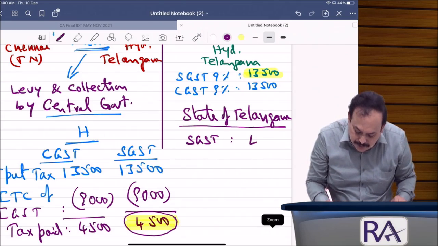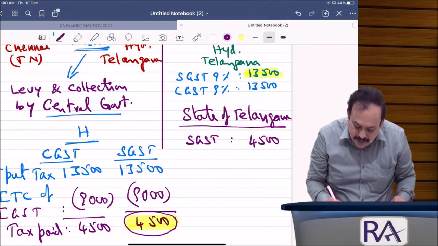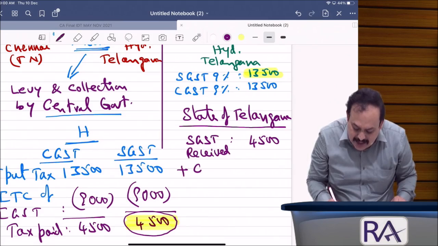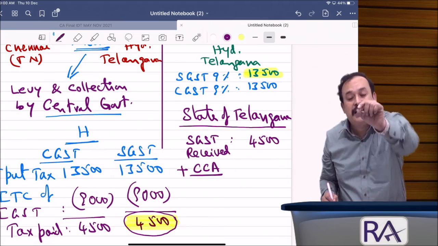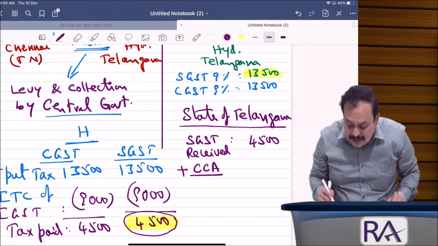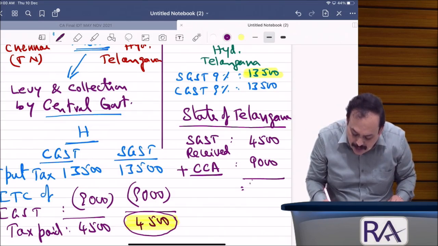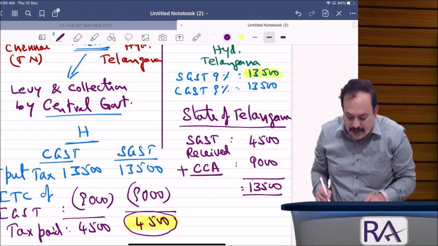So 4,500 received, plus the Central Clearing Agency CCA will credit to the state of Telangana how much? 9,000. Resulting that the state government got 13,500 as revenue.